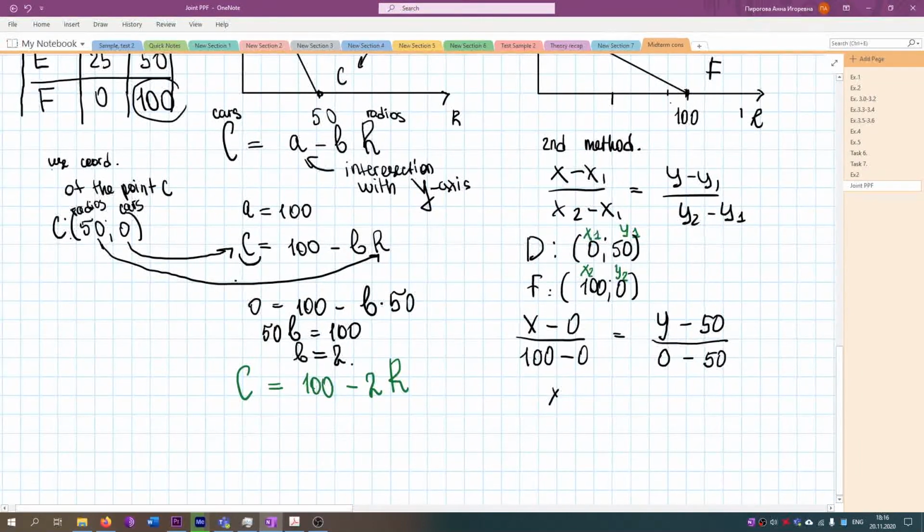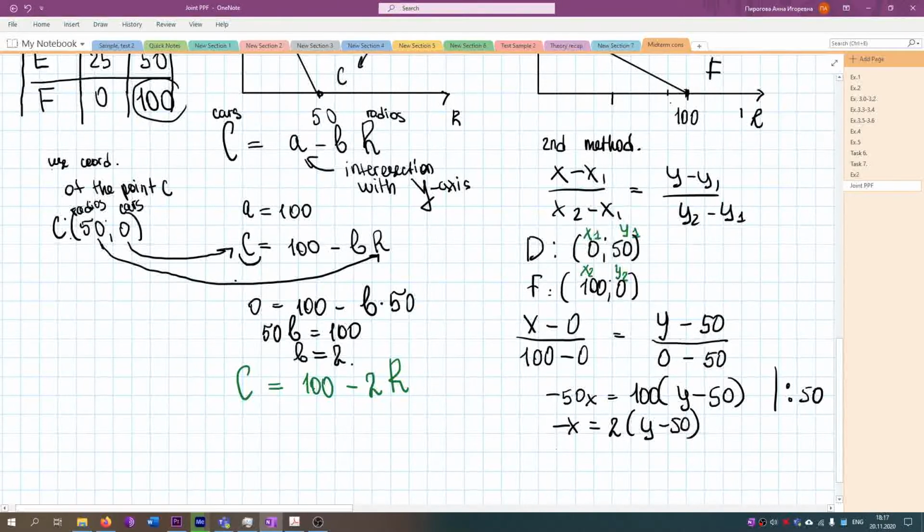So we simplify this equation. So minus 50x is equal to 100 multiplied by y minus 50. So we divide both parts by 50. Minus x is equal to 2 multiplied by y minus 50.